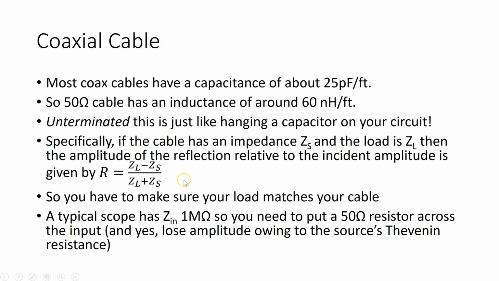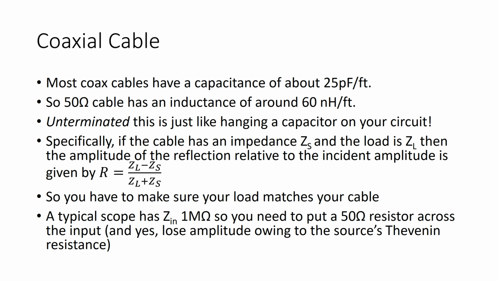Well, it's important if you want to measure fast pulses or very high frequencies or very narrow pulses. You can't use your oscilloscope as it is. Why? Because your oscilloscope typically has an input impedance of 1 megaohm. So if you just plug a coaxial cable into your oscilloscope, you have an unmatched load to your 50 ohm coaxial cable.